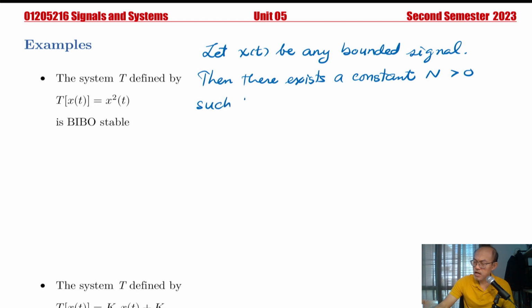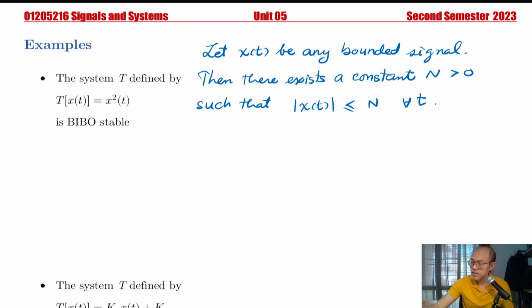I'm not sure if you can remember the definition of a bounded signal. If a signal x is bounded, then there has to be a constant n such that the magnitude of x is less than n for all t.